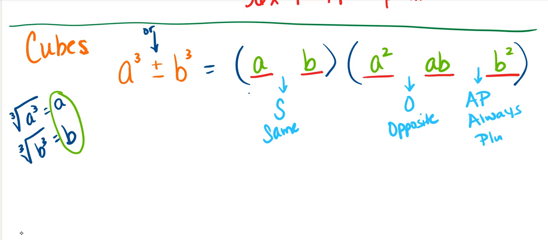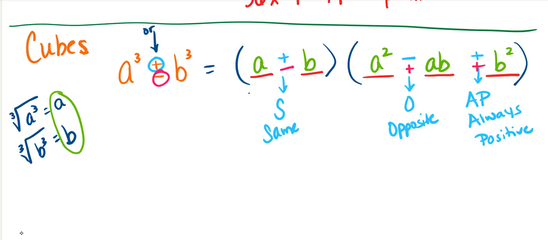I just wrote always plus. Let's try again. Same thing, but always positive. So since this was a plus, the first time it would be same, opposite, always positive. If we did the minus down here, it would be same, opposite, always positive.